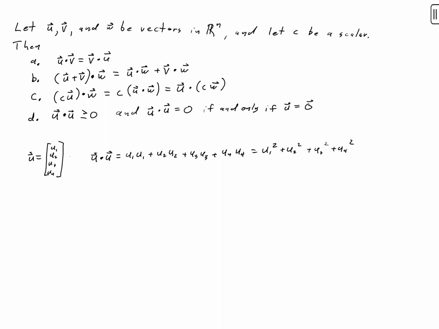Otherwise, I'm adding together positive numbers, so I get a positive result. So u dot u is a positive result. What is significant about that is that means I can take the square root of it, because I can take the square root of positive numbers.